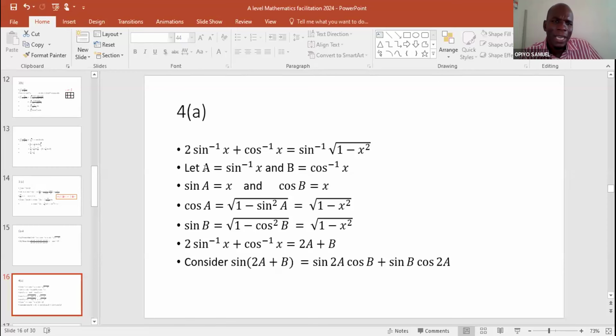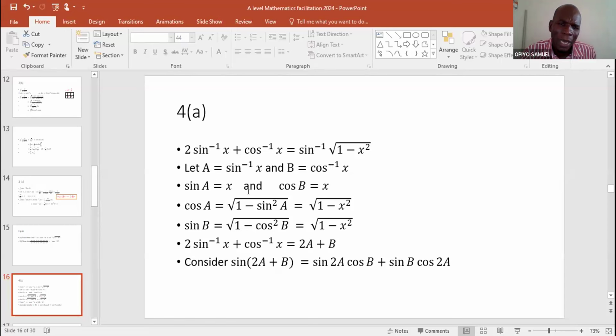So here we have that if we let A be sine inverse of x and B be cos inverse of x, then sine A equals x. You take sine on both sides, you get sine A equals x. Then cos of B equals x also. But cos of A is, from the Pythagorean identities, cos squared A plus sine squared A equals 1.